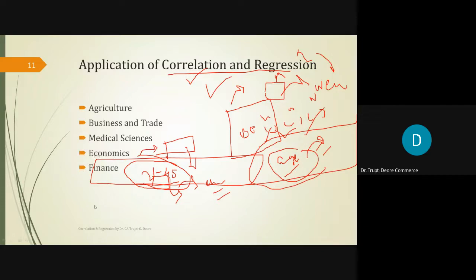Then in finance also, it is analyzed with portfolio analysis. There are two types of risk, that is systematic risk and unsystematic risk. Systematic risk is a fixed risk which can occur in any situation, and it is to be calculated with the help of the regression line also. And unsystematic risk is to be calculated in case of any situation, such as when the market is down, and suppose due to some situation the market collapses within one day, then it is called an unsystematic risk.